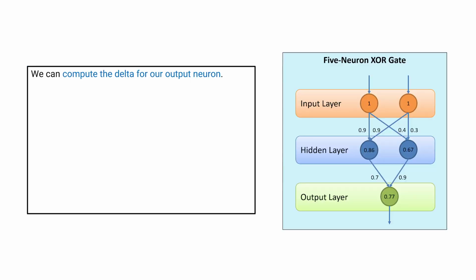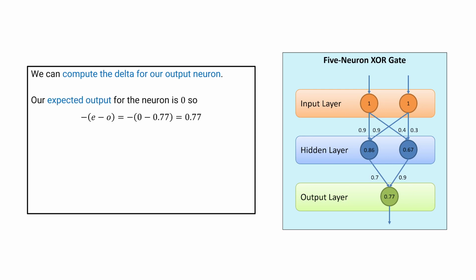Okay, so we have enough information now that we can compute our delta for our output neuron. So we had already fed forward our data. We had got the output of 0.77, and our expected output is 0.